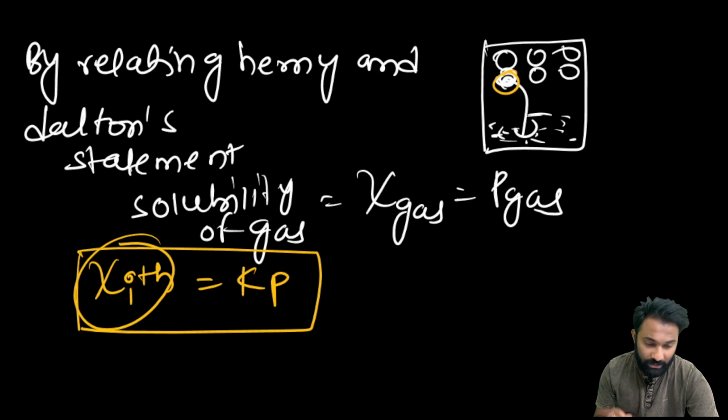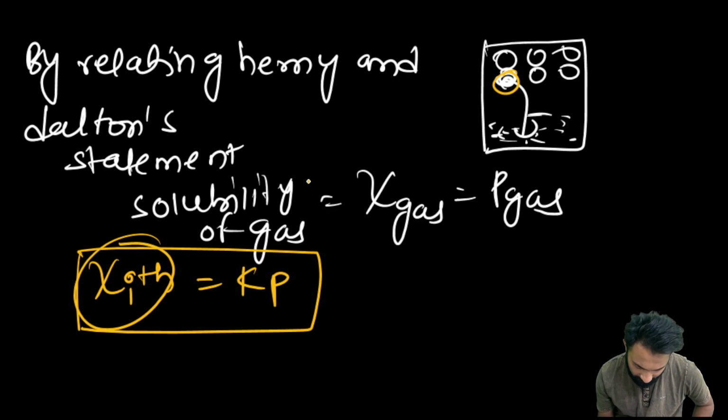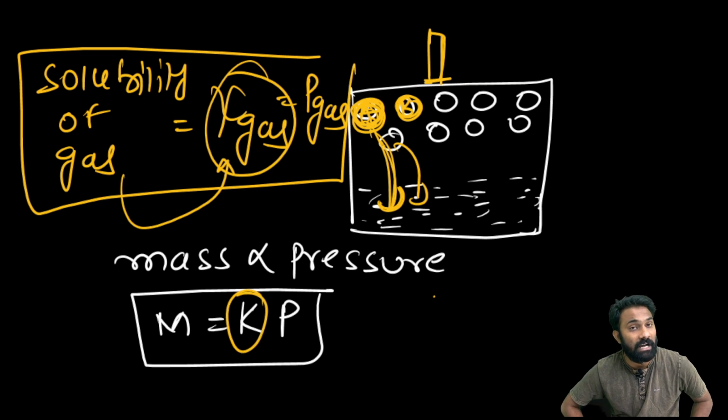Clear? Now here we will get different formulas, and the constant we got here we call Henry's constant.